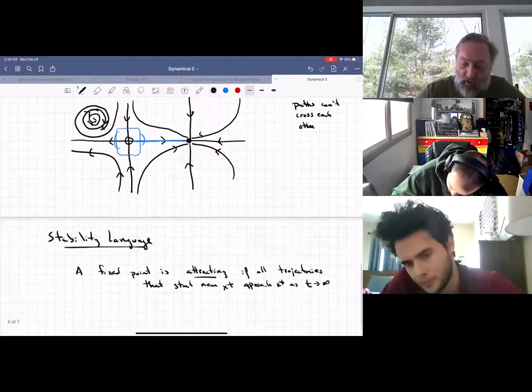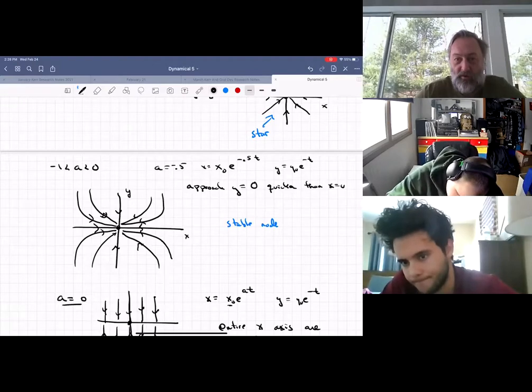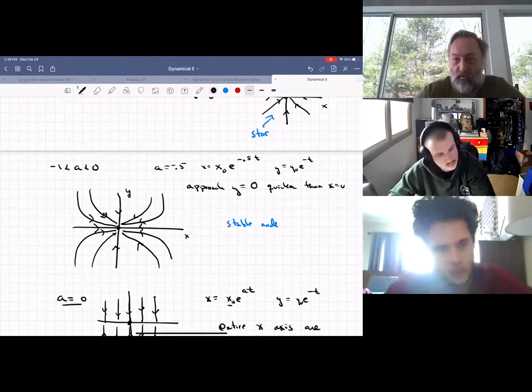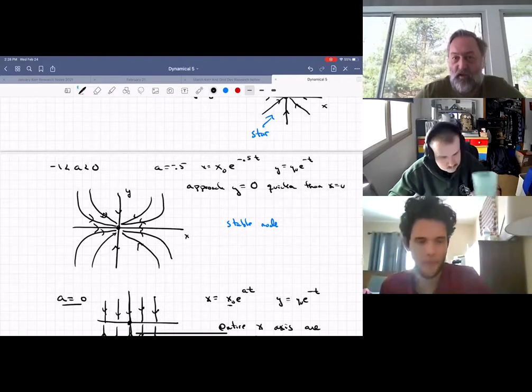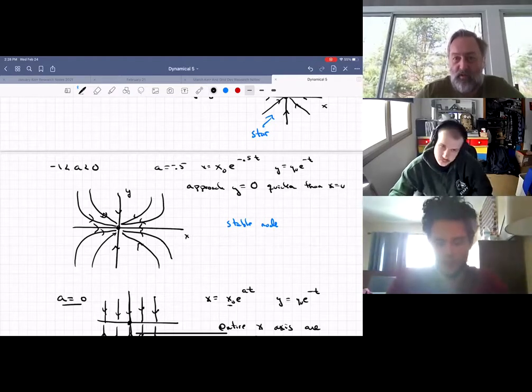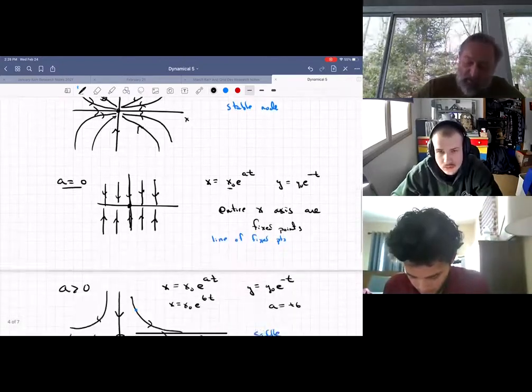So in our stable node examples, these fixed points are attracting because any phase point that I pick near that stable node approaches the origin as time goes to infinity, right? So I would say that those are attracting.